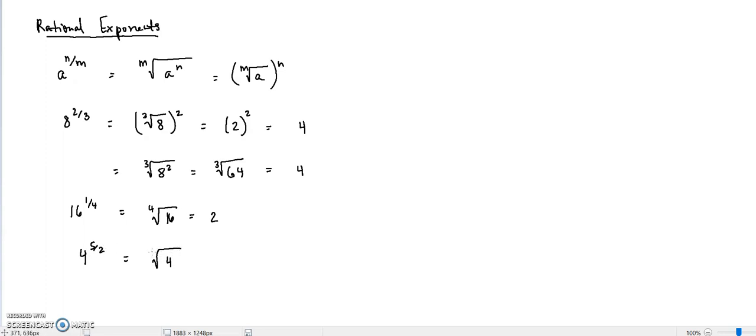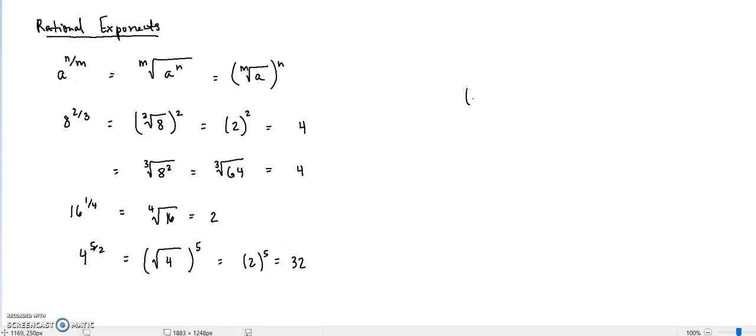You can put a 2 there, it's not going to hurt anything, we just don't usually do that. So I'm trying to decide, do I want to do the root first or the exponent first? Can I do the square root of 4? I can. So let's do that first and then raise it to the 5th. The square root of 4 is 2, and then raised to the 5th would be 32. So that's simplifying some rational exponents.